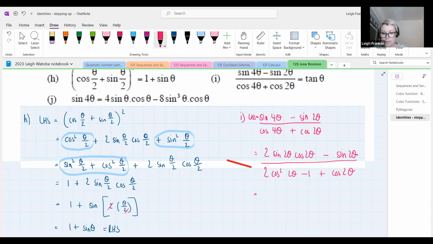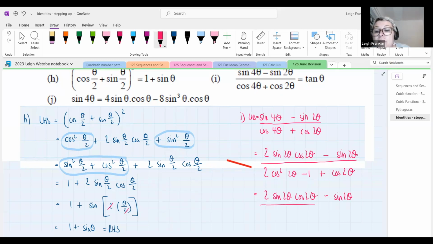At the top, we can take out sine 2 theta as a highest common factor. At the bottom, we've got a trinomial if we can just get it into the right order. So I'm going to leave the numerator as it is, as 2 sine 2 theta cos 2 theta minus sine 2 theta.